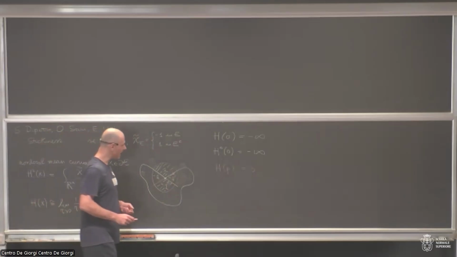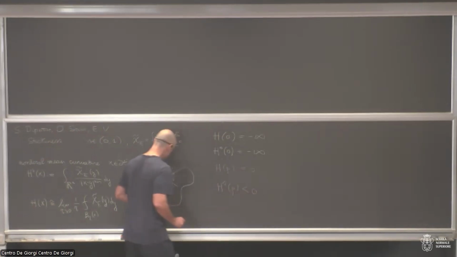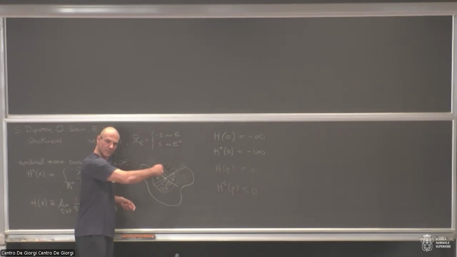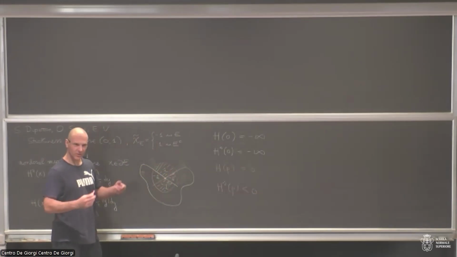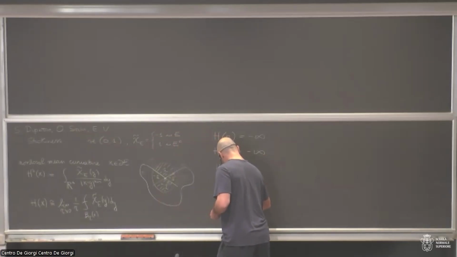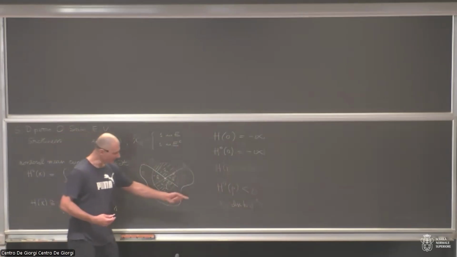But in the non-local case, if I have to make an educated guess, H_s of P is strictly negative. The reason being that if I do the same computation averaging in small spheres, well, sooner or later, if P is sufficiently close to the origin, okay, here in my picture, P is sufficiently close to the origin.